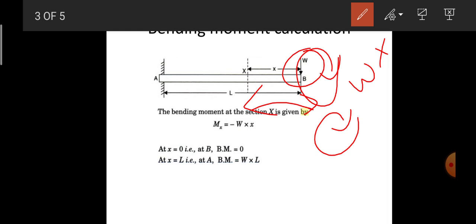So therefore, as per our sign convention, if we are going from the right hand portion of the section, and we get the moment in the clockwise direction, then the bending moment will be considered as negative.